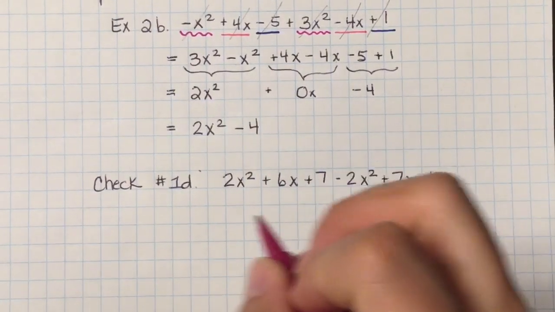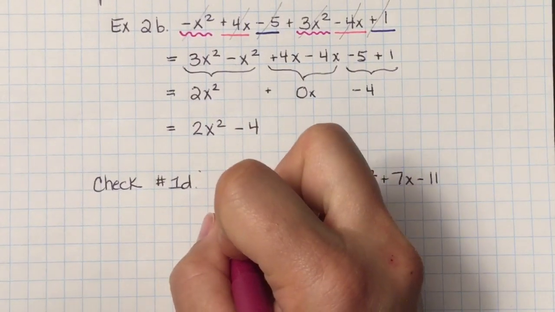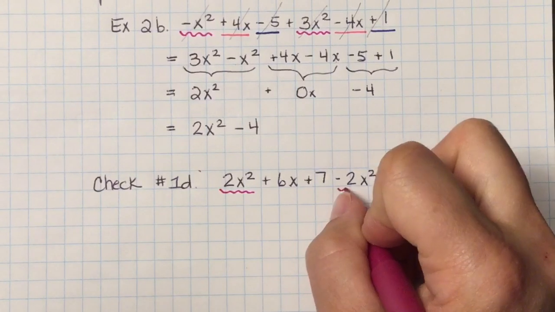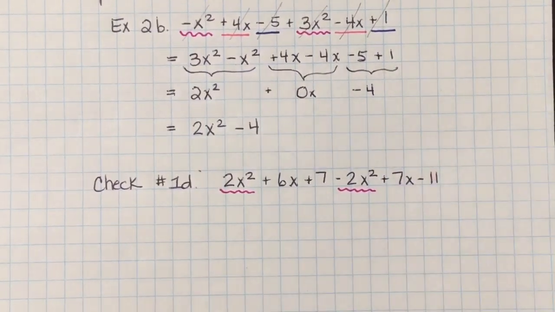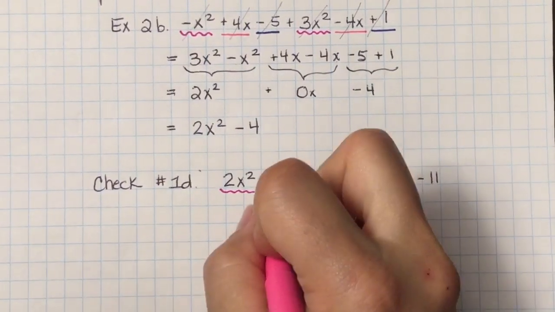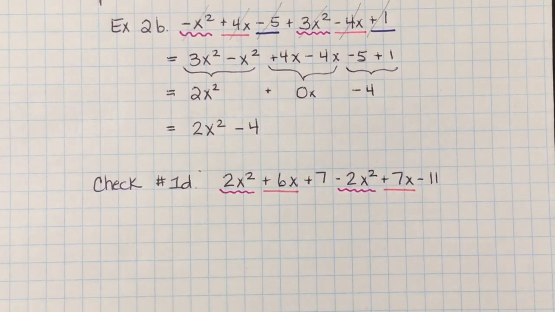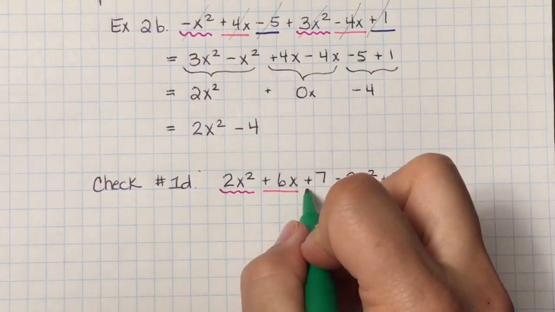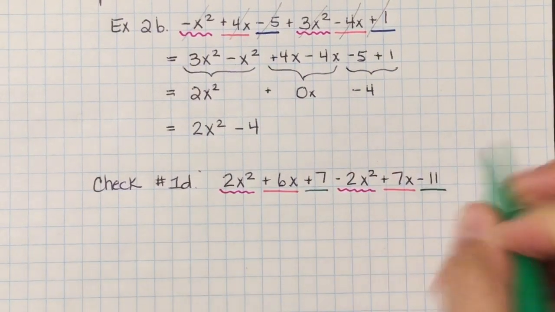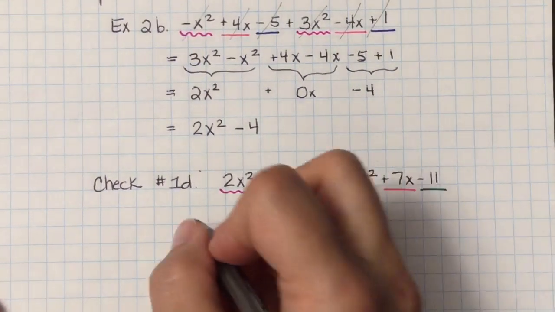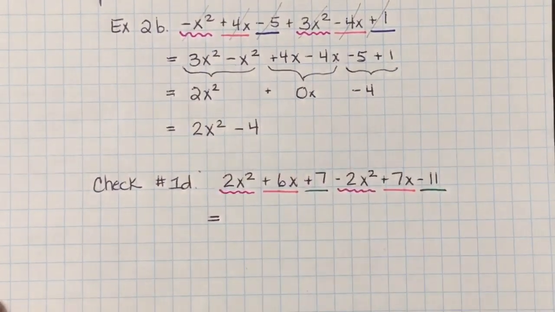Okay, so now I'm going to find all my like terms. I have 2x squared here and another x squared there. Then I have my x and my x, and then I have my constant and my constant. Now I'm going to group my like terms.